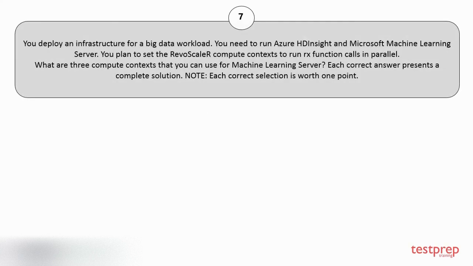Question number 7. You deploy an infrastructure for a big data workload. You need to run Azure HDInsight and Microsoft Machine Learning Server. You plan to set the RevoScaleR compute contexts to run RX function calls in parallel. What are 3 compute contexts that you can use for Machine Learning Server? Each correct answer presents a complete solution. Note, each correct selection is worth 1 point.